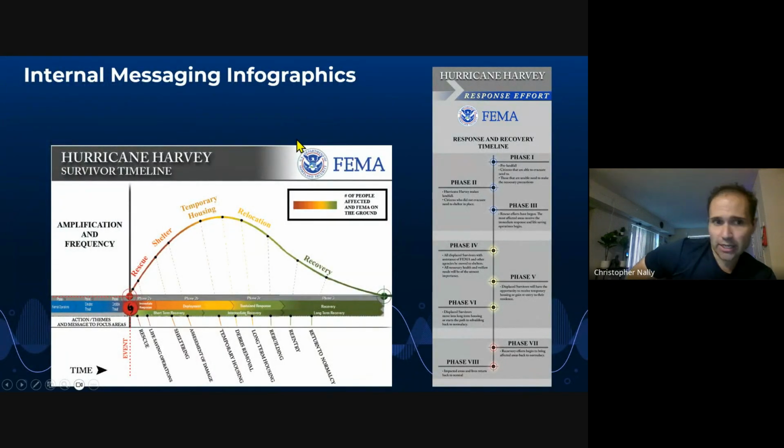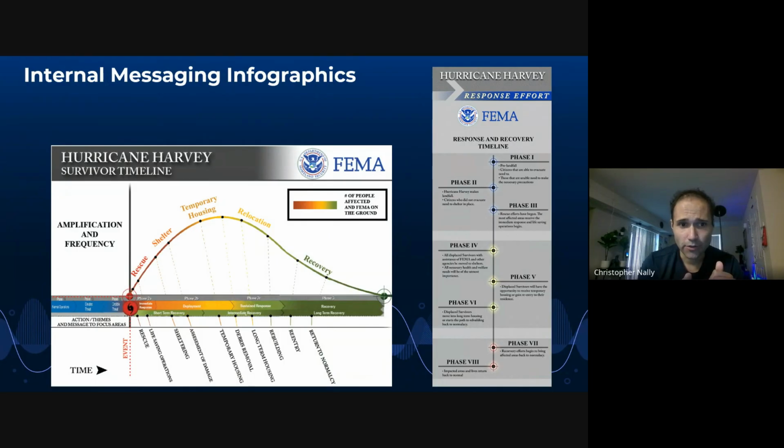Now, when it comes to military applications, there are different types of infographics, not just the actual types, but we have internal and external infographics. Here are a couple of examples I made when I was working with FEMA for a humanitarian aid mission.